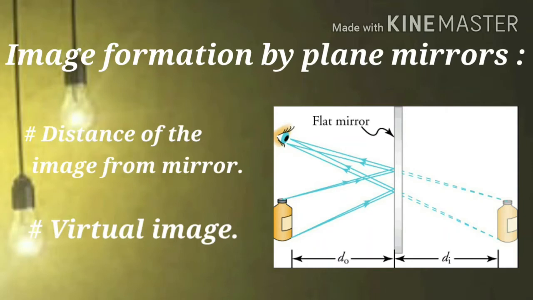And just now we discussed that the distance of the image is equal to the distance of the object from the mirror. And the last one, virtual image. That is, the image is not formed on the screen but behind the mirror. So, these are the characteristics of plane mirrors.